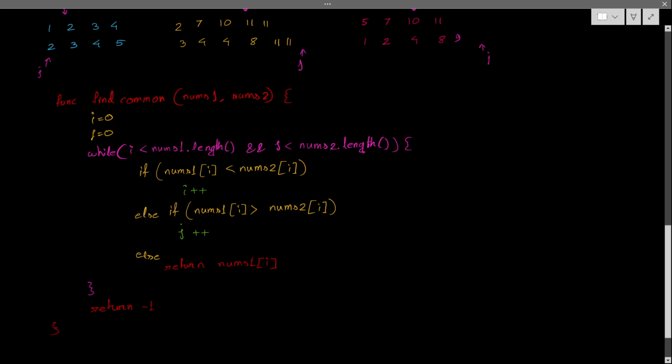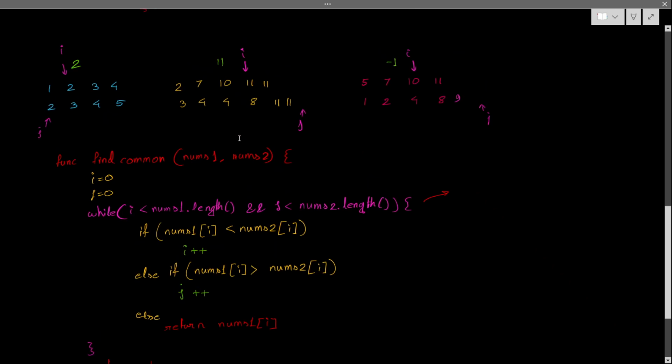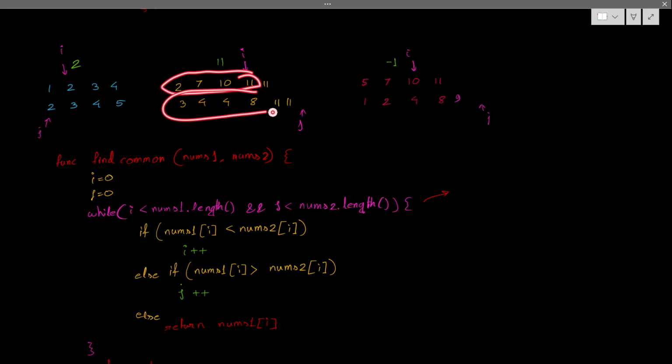So in this case, what is the time complexity? At maximum, if you see, finding this element, I'm traversing up to this part of the array and up to the whole part of the array. So it is nearly n plus n.